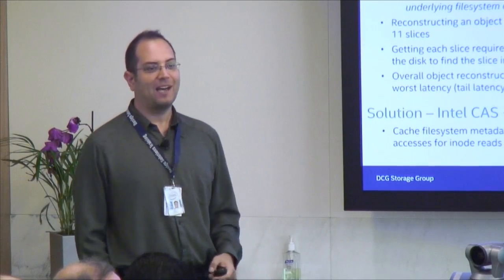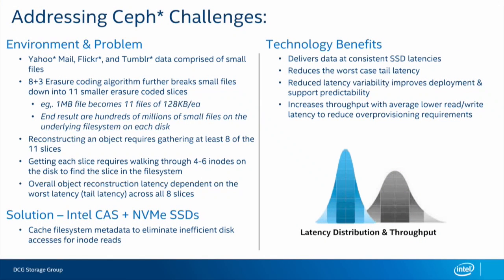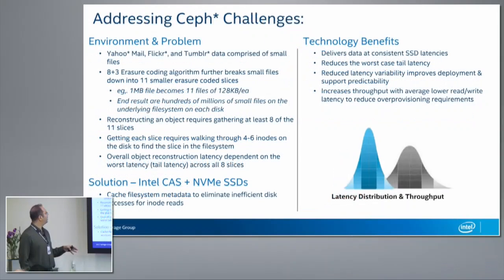Okay. So let's talk about the actual Yahoo case here. So like I said, Yahoo Mail, Flickr, and Tumblr, all of that data is small files. So you've got mail attachments, you've got photos, and you've got small videos, right? Then add on top of that the fact that Yahoo's interest is in getting maximum utilization out of their storage space. So rather than doing replication, they were interested in doing erasure coding.